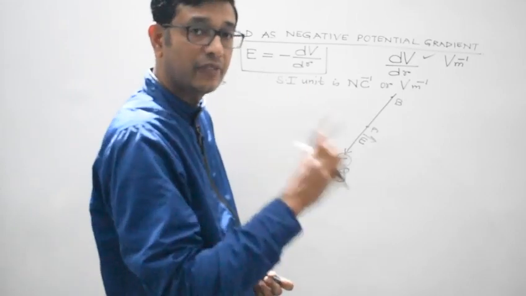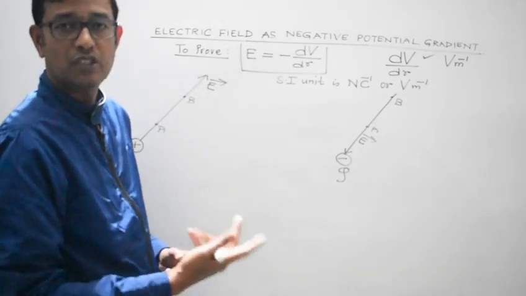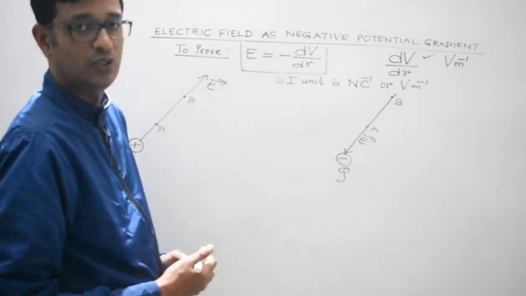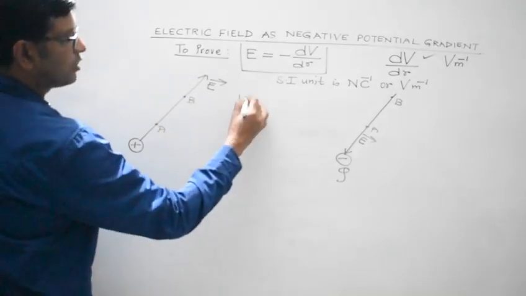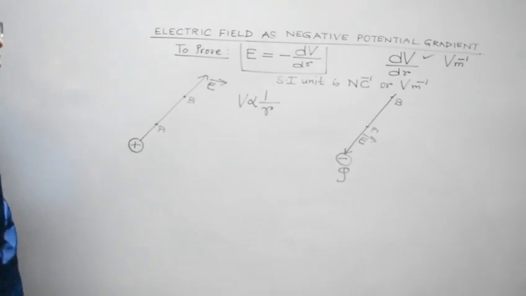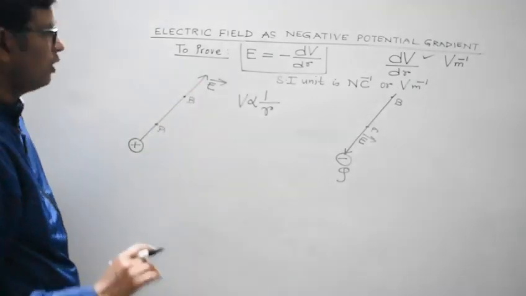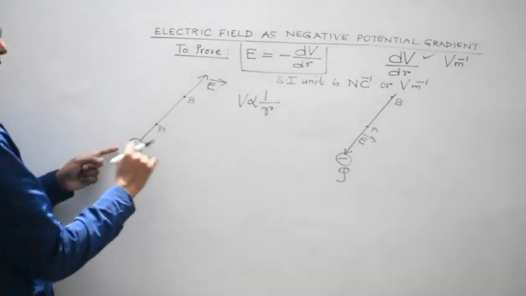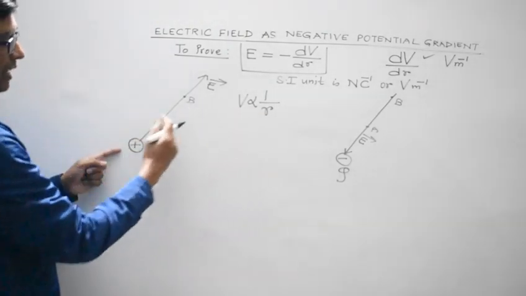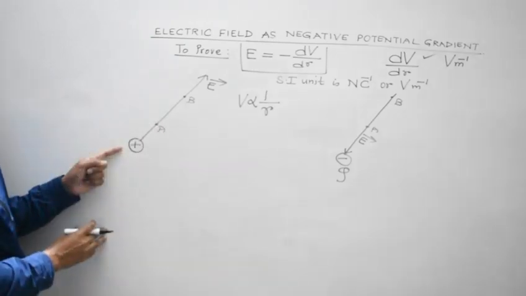Due to positive charge, the potential will be positive, like plus 2 volt, plus 4 volt, plus 6 volt, and so on. Now also due to a point charge, we know potential is inversely proportional to the distance of the observation point from the source charge. Now over here what happens is, in magnitude, potential will be greater at those points which are much closer to the source charge in magnitude.